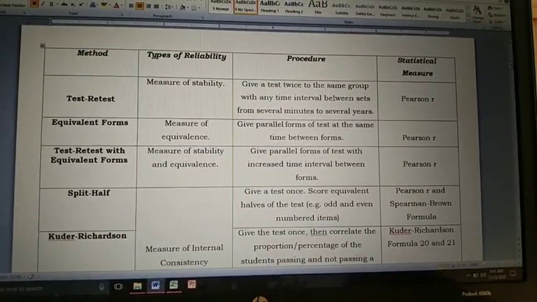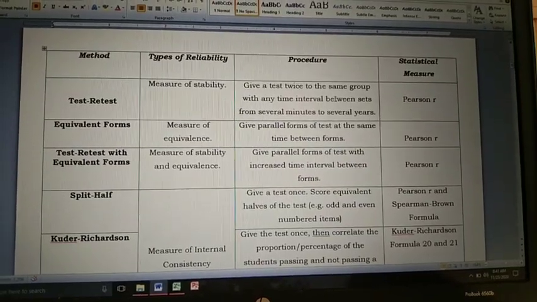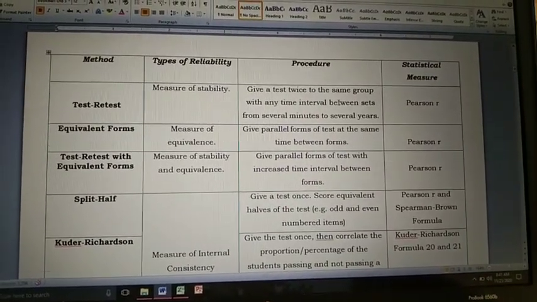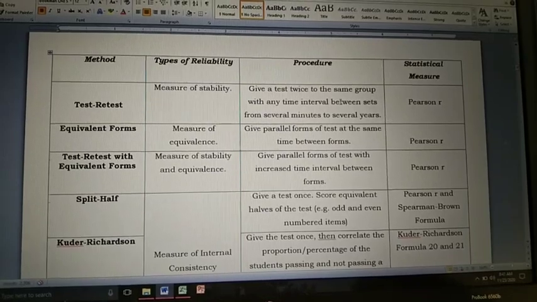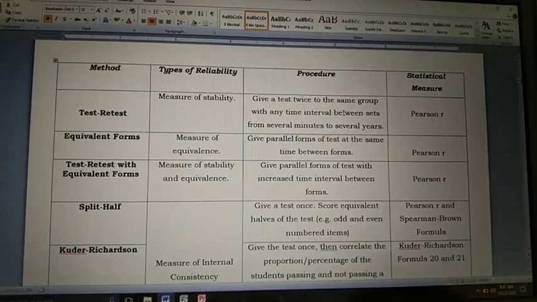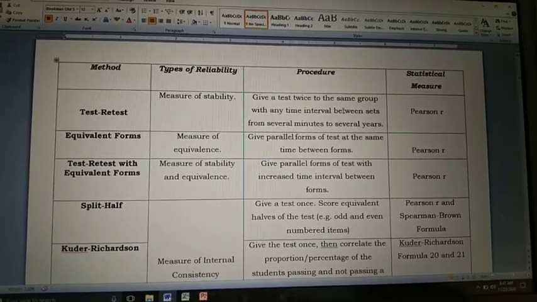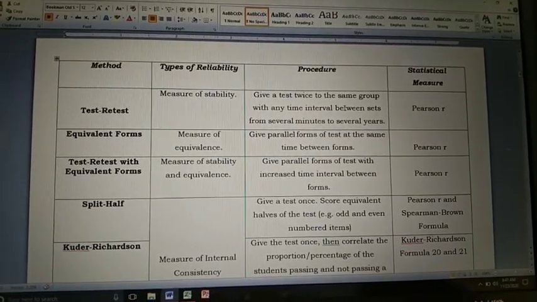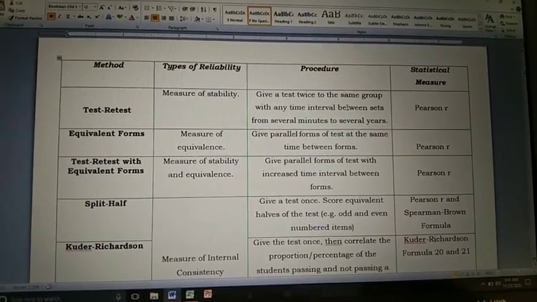Okay, let me introduce to you the methods and the types of reliability we are going to utilize in this lesson. First method, we have the test-retest. The type of reliability is the measure of stability.